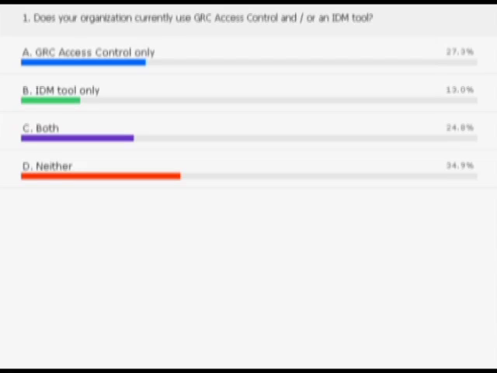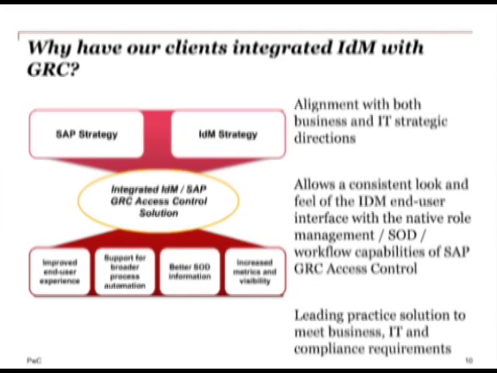What you're going to see here is a little bit about both the concept of this SAP strategy and IdM strategy. A lot of our organizations have picked SAP, for example, as the product and the platform that they're going to use to run the business, whether it be financials, manufacturing, HR, et cetera, but standardizing on SAP and really asking the question for anything that they're trying to put in, why not SAP?